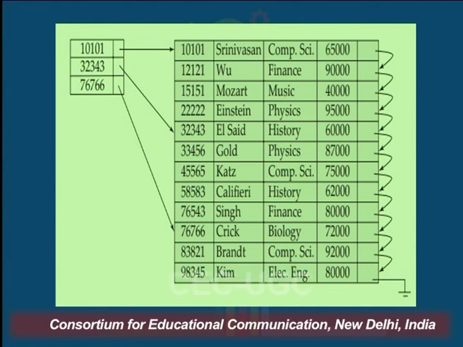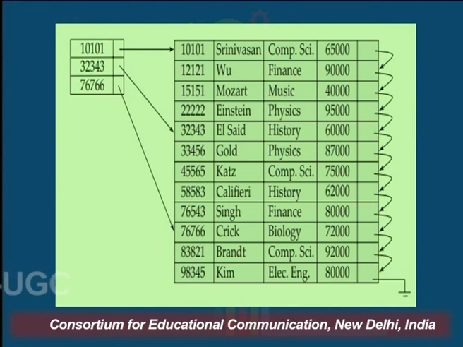So we will be following the pointer of 32343. Following the pointer of 32343, please notice on the right side of the figure that there are arrows from one record to another, and these arrows indicate the presence of a linked list, in which one record is linked to the next one.